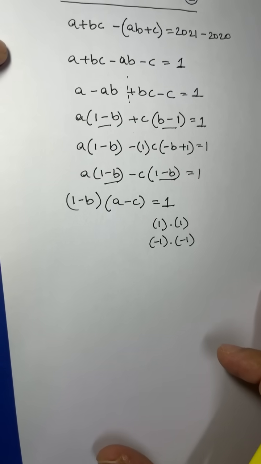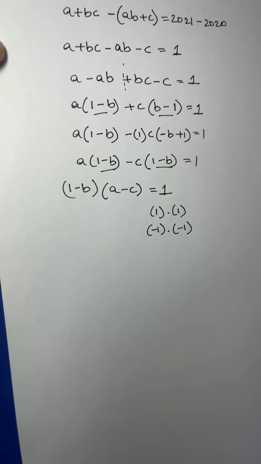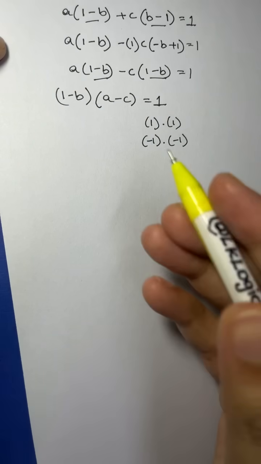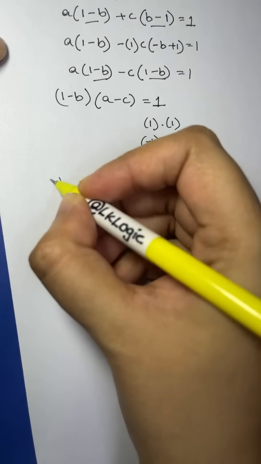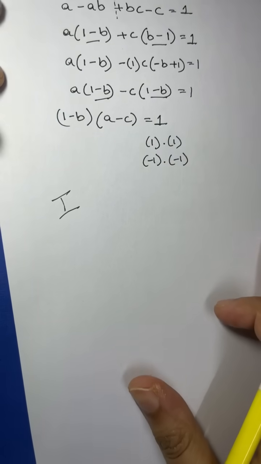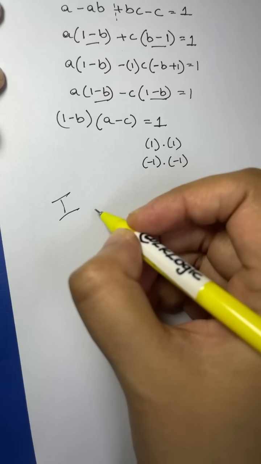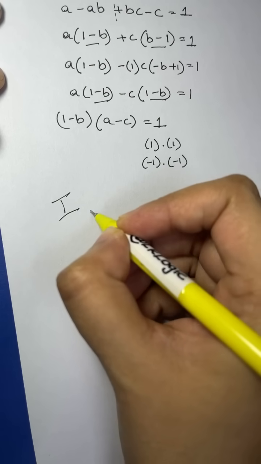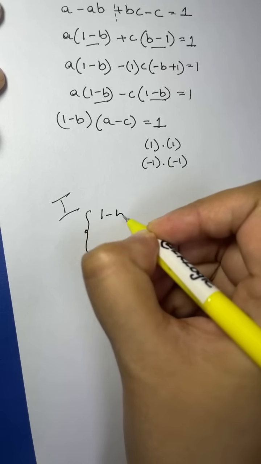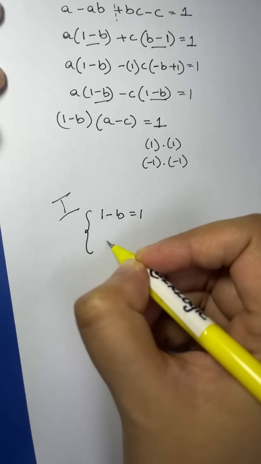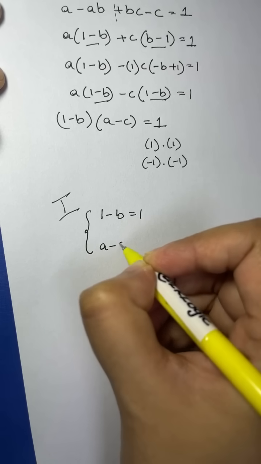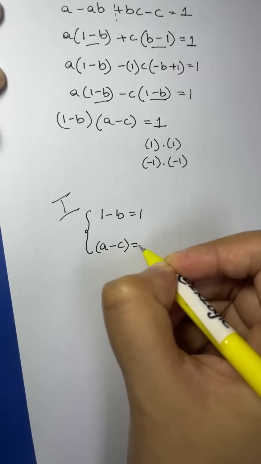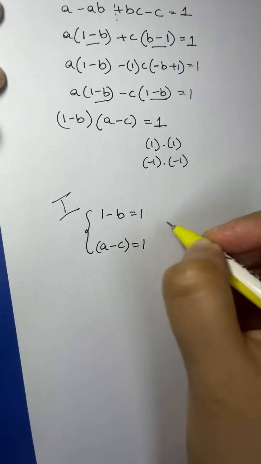Now what do we do? So we have two solutions. Let me write that down. The first one is 1 minus B equals 1, and then A minus C equals 1.